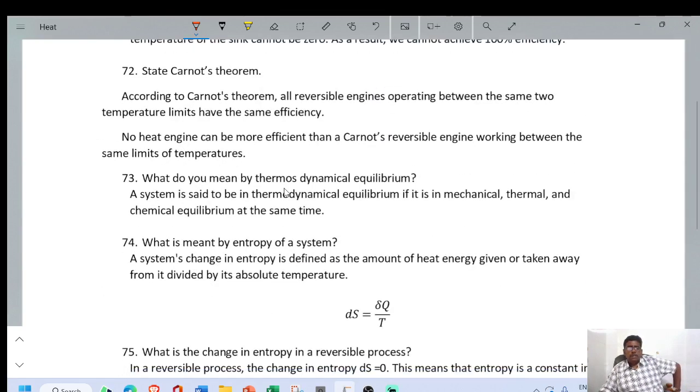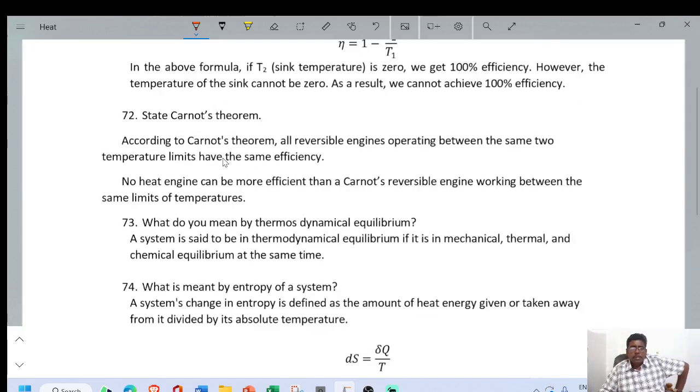State Carnot's theorem. According to Carnot's theorem, all reversible engines operating between the same two temperature limits have the same efficiency. No heat engine can be more efficient than Carnot's reversible engine working between the same limits of temperatures.